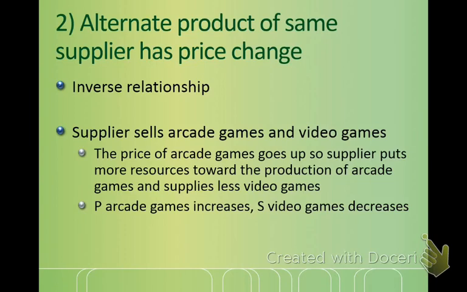So if the price of those goes up, the supplier would put more resources towards the production of arcade games and supply fewer video games. As the price of arcade games goes up, supply of video games decreases. Alternate products.